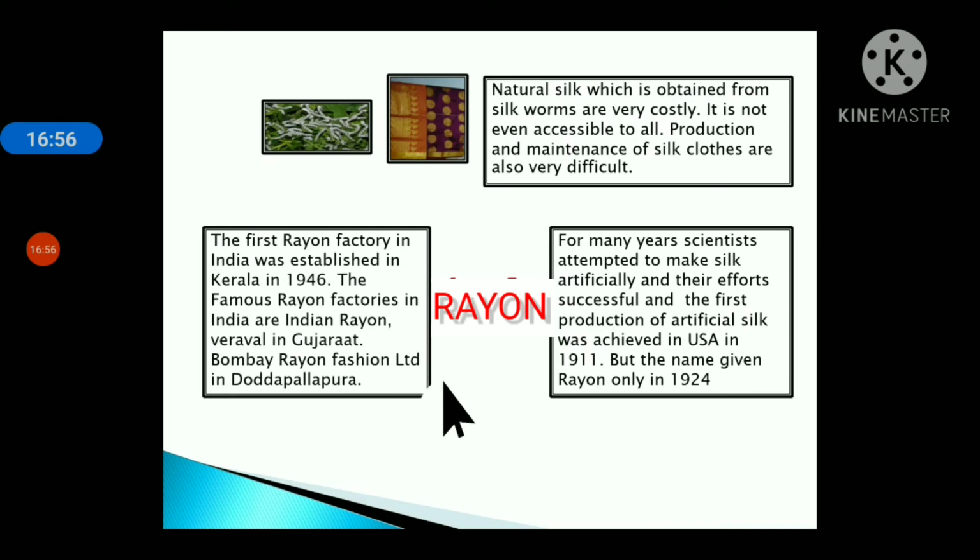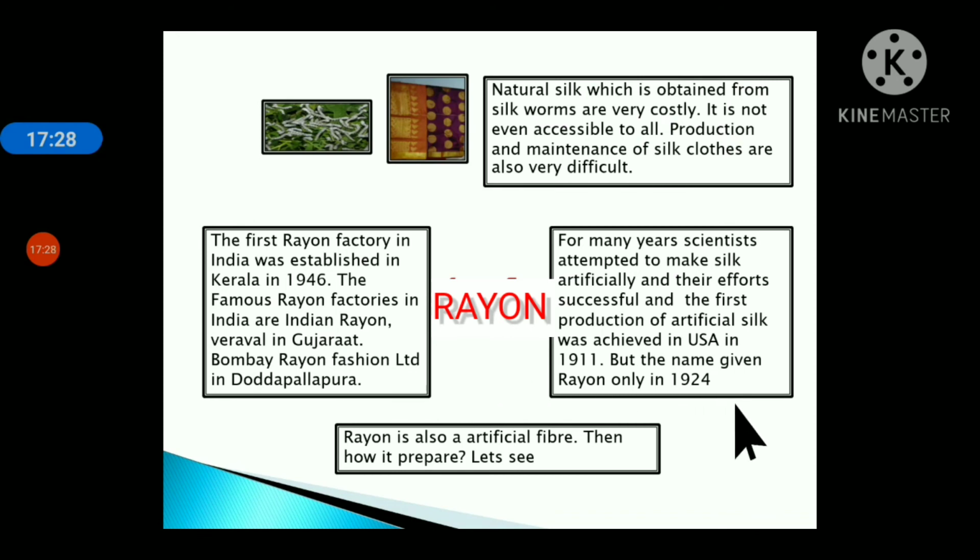Okay children, the first rayon factory in India was established in Kerala in 1946. The famous rayon factories in India are Indian Rayon in Gujarat, and Bombay Rayon Fashion Limited in Doddaballapura. So these are the famous rayon factories in India.